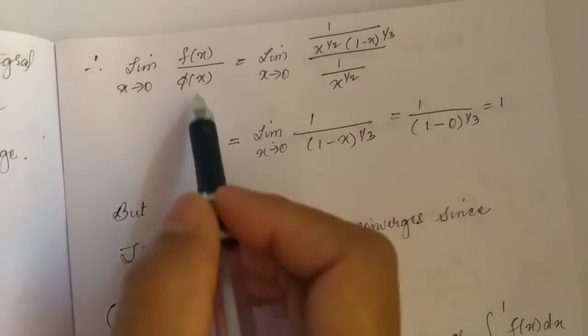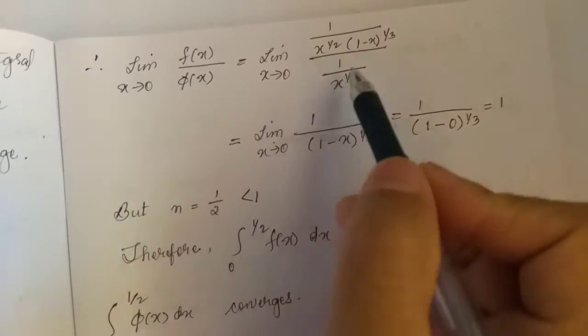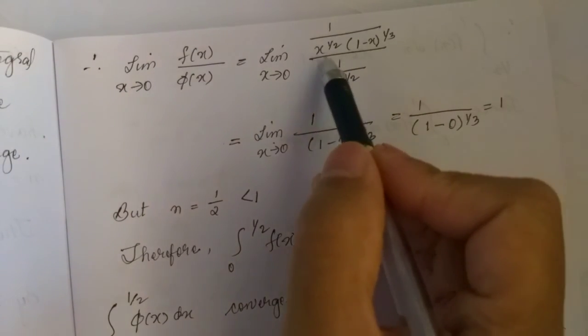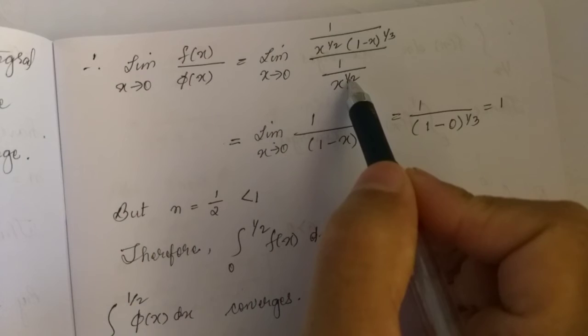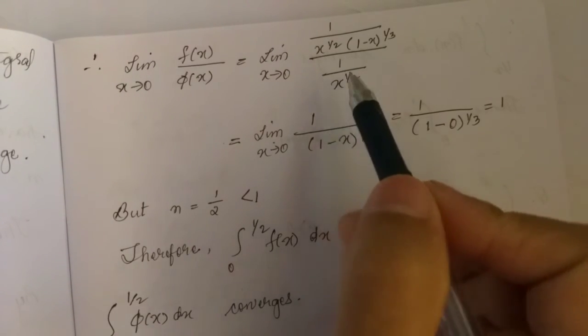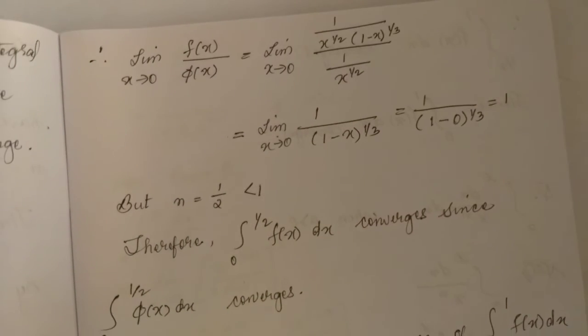And for phi of x, what is your n? Your n is 1 by 2, which is less than 1.